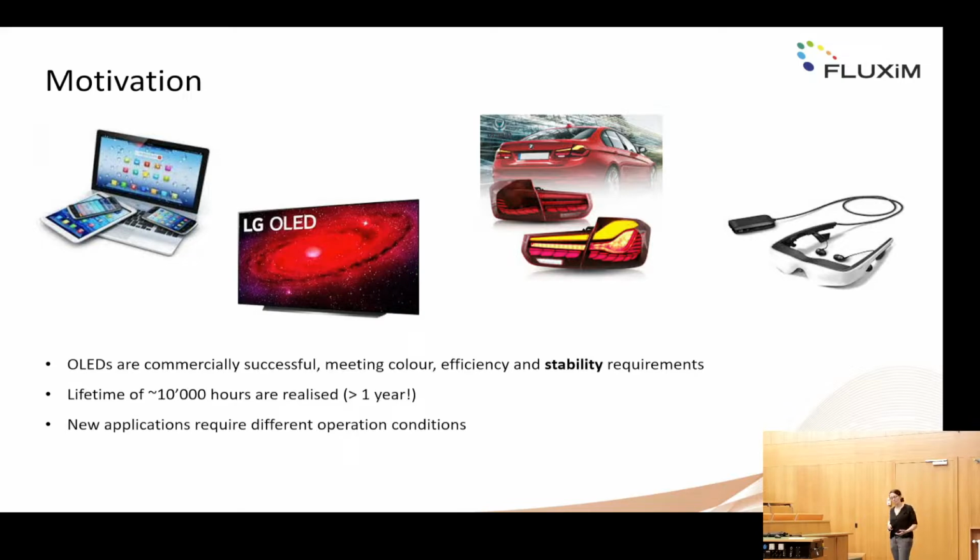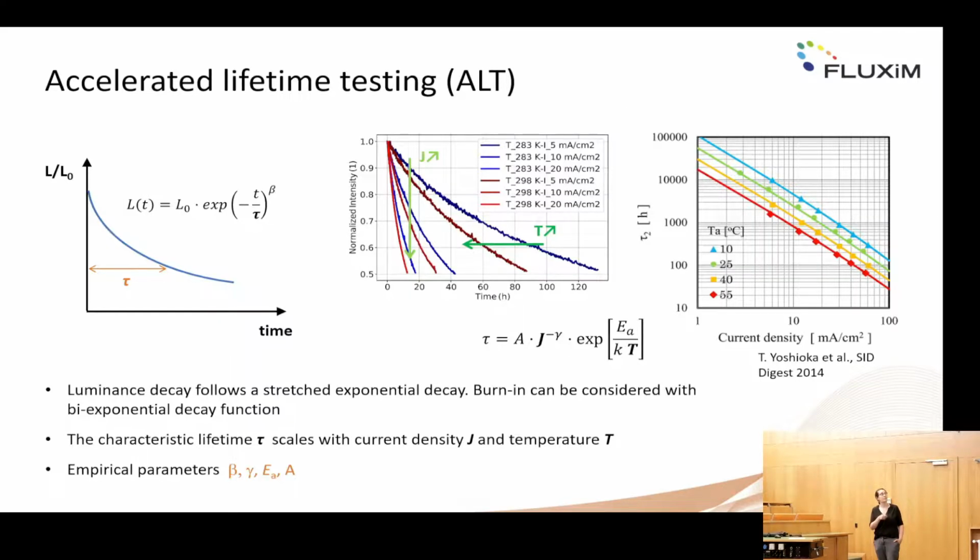One important part I would like to stress, such as these car lights, they need stability at different operation conditions. So recently I learned that these car lights are characterized at 60 degrees Celsius, not at room temperature. And so for this, we need both accelerated lifetime testing and validated scaling laws, with temperature and current density.